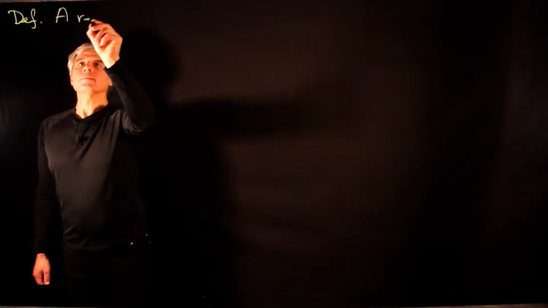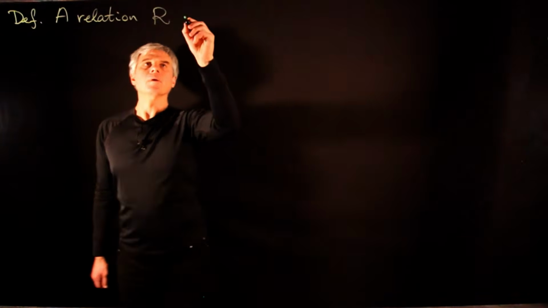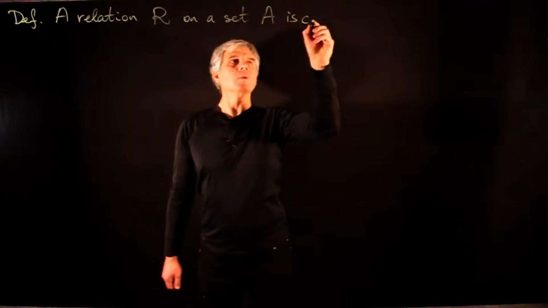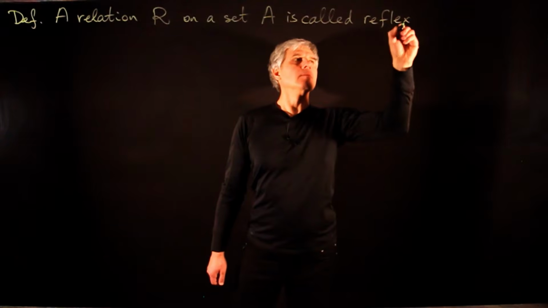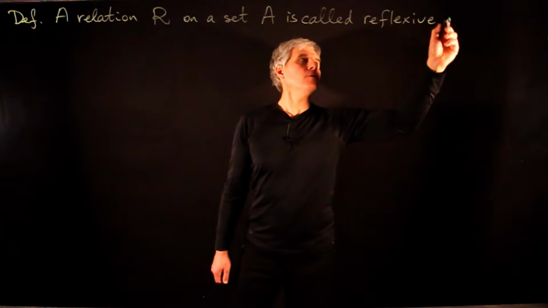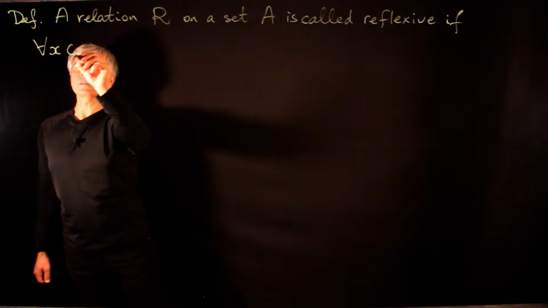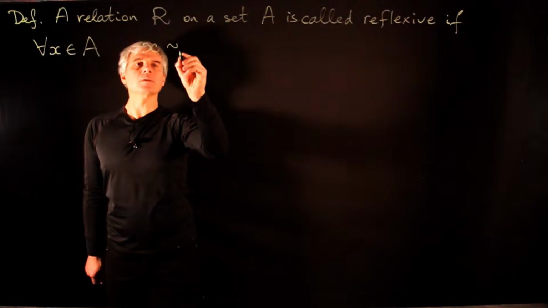Let us give several definitions. A relation R on a set A is called reflexive if for every x in the set A, x is related to itself.